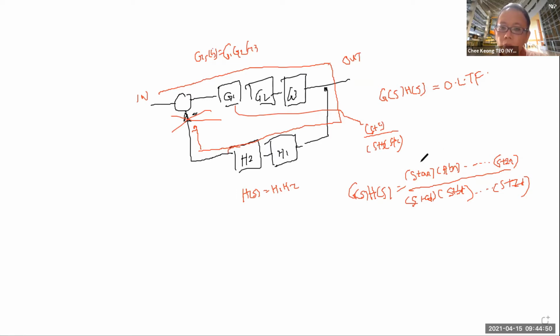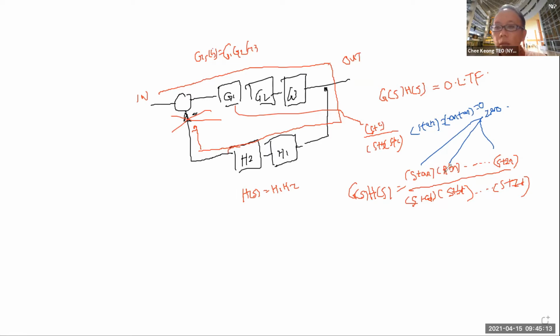Now, each of these in the numerator we call a zero. Why is it a zero? If S is equal to minus an, then your term S plus an becomes minus an plus an, so it becomes 0. When this term becomes 0, the whole transfer function becomes 0.